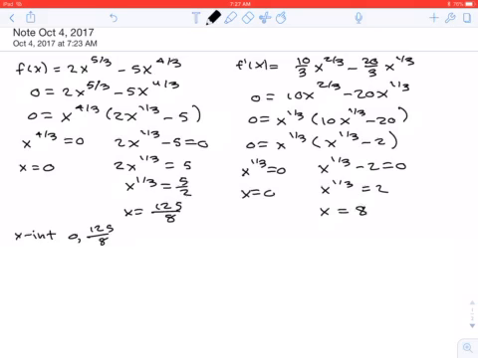These are our critical values, and they occur at the points 0, 0, and 8, -16. So let's make a sign chart for that. So we have 0 and 8, -16. When I make my sign chart for the derivative, I get plus, minus, plus.